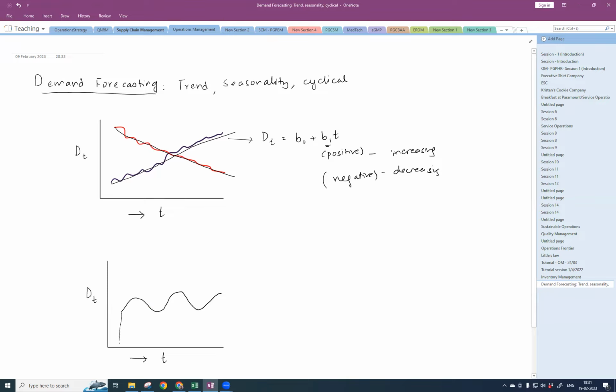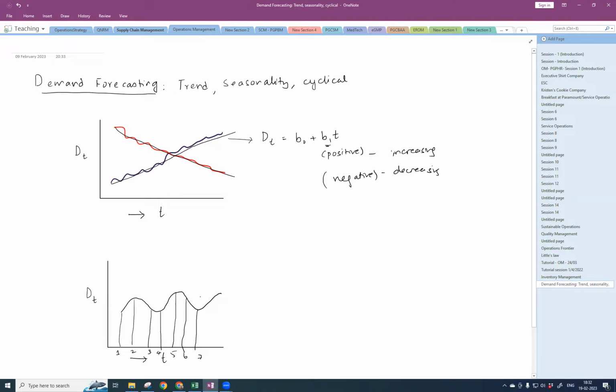If this is period 1, this is period 2, this is period 3, and this is period 4, you can see that there is some kind of pattern that is repeating after every 4 periods or 2 periods, right? So you could see that there is some kind of a pattern that is repeating.